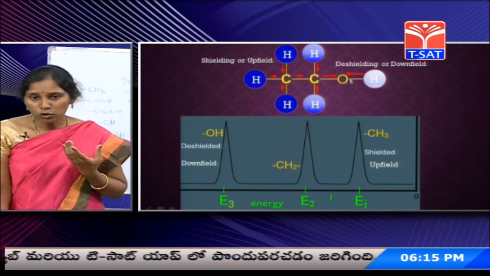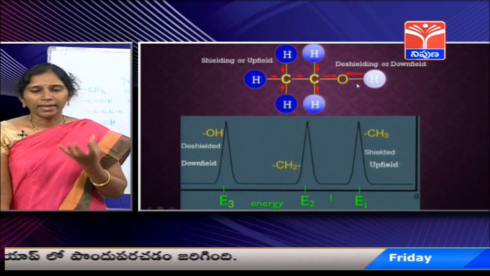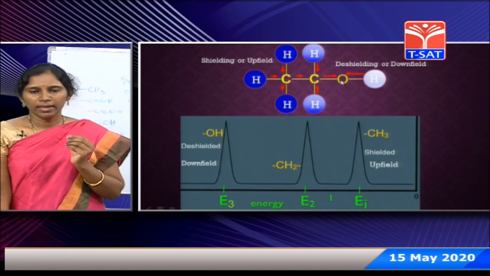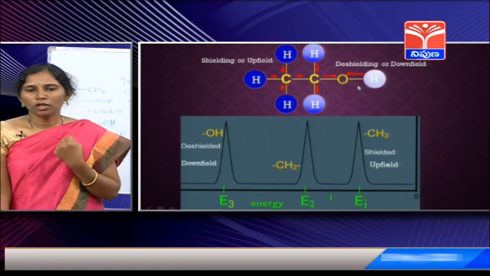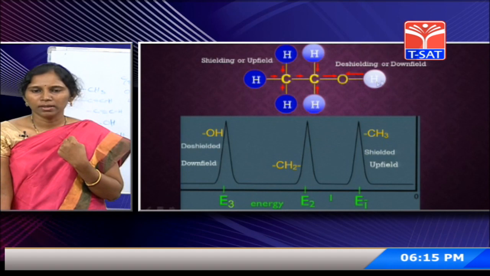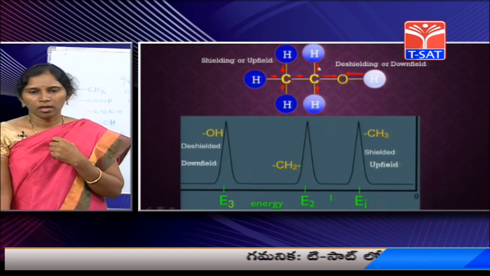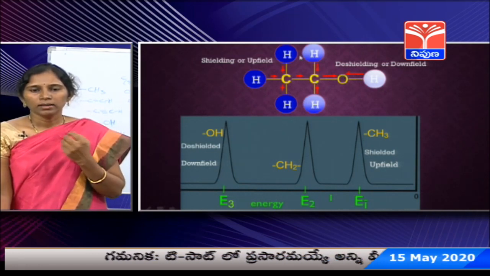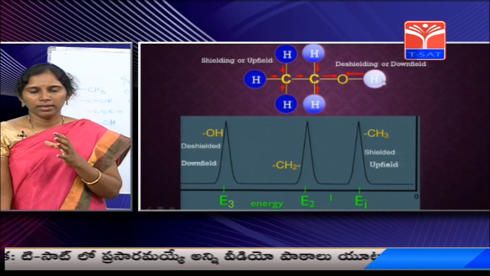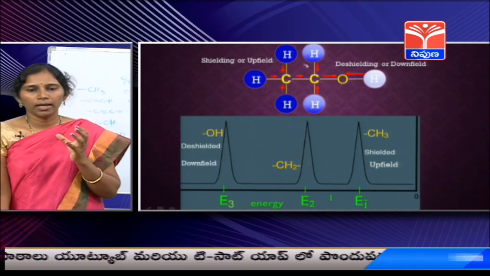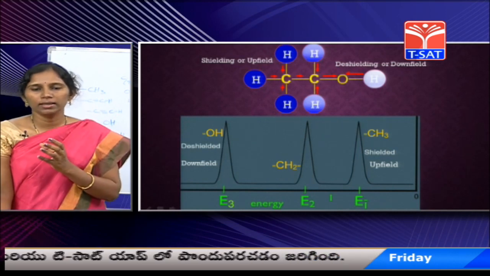Because of the presence of oxygen, it attracts the electron pair towards itself, right? So here it takes up the electrons from the adjacent atoms. So the electron density around this hydrogen will move to oxygen in polar solvents, whereas here also there will be some effect of oxygen, though not that much, and the electron density will be diminished in this case.